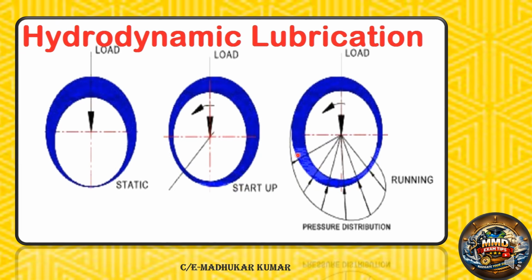So you can see the converging, diverging wedge creation, and this is the pressure distribution diagram. When the shaft is running at full speed, the load is being taken up by the lube oil, and sufficient separation is also there. I will show you with another diagram.